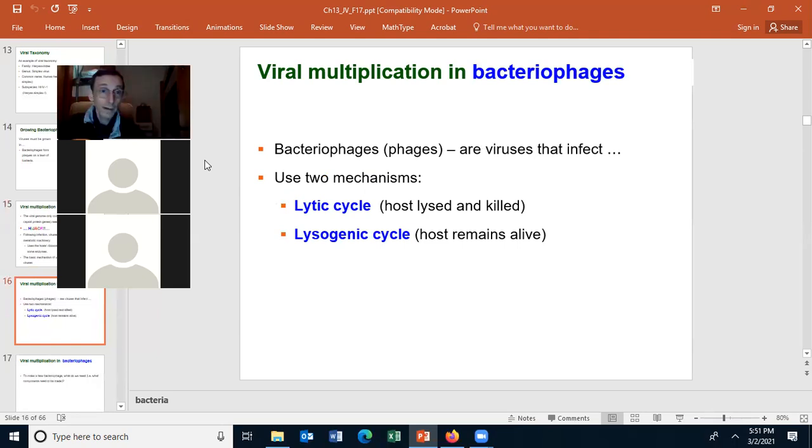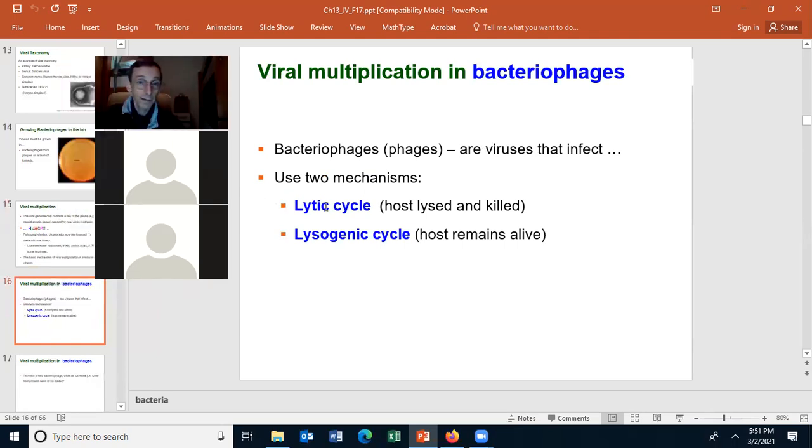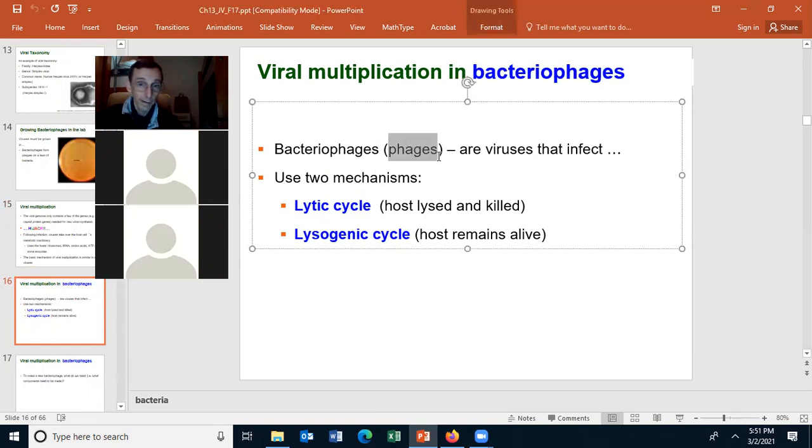We're going to be talking about it with bacteriophages, which are sometimes called phages, but I'll use the longer term to make it clear that we're talking about bacterial viruses when I say bacteriophages. Bacteriophages are viruses that infect bacteria cells, and they replicate in two mechanisms: the lytic life cycle and the lysogenic life cycle.